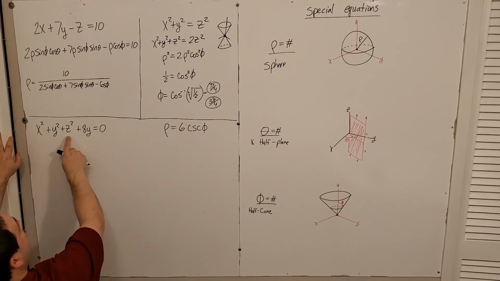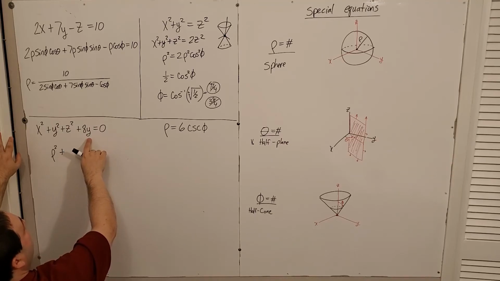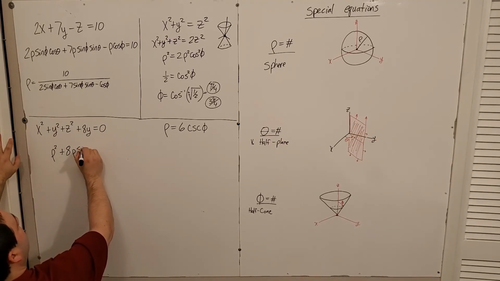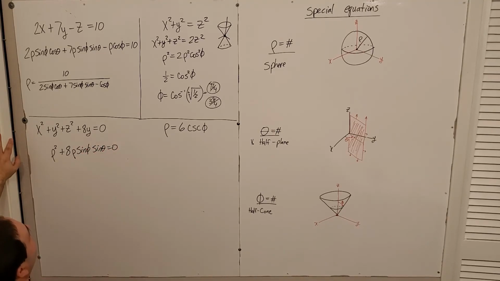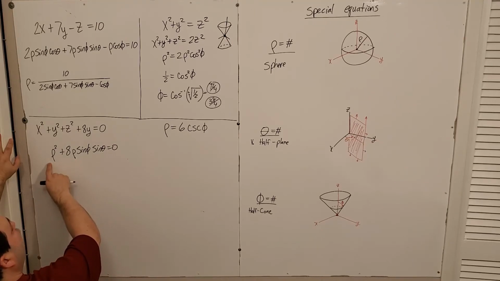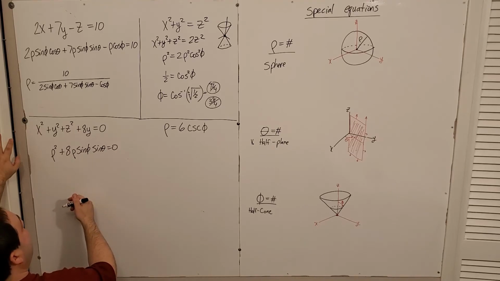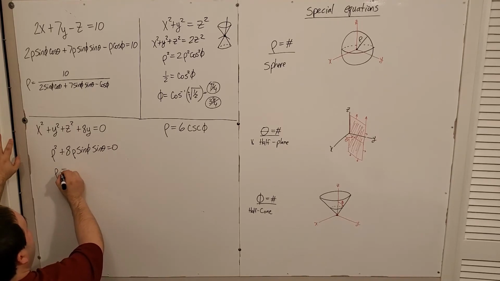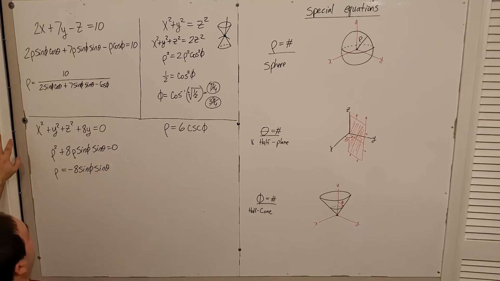X squared plus y squared plus z squared is rho squared. And 8 times y is 8 rho sine phi sine theta, equal to 0. If I factor out a rho and notice that I can't have rho equals 0, then what I'm going to have is that rho has to be equal to negative 8 sine phi sine theta, right?